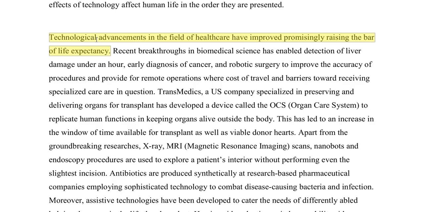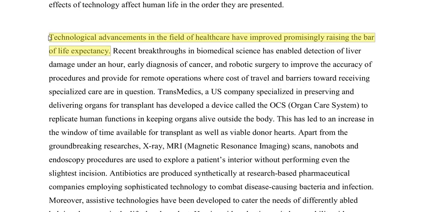In other words, this has paraphrased the idea that technology is impacting human life in terms of health. The life expectancy of humans increases because of technological advancements in the field of healthcare. So that is the topic sentence.